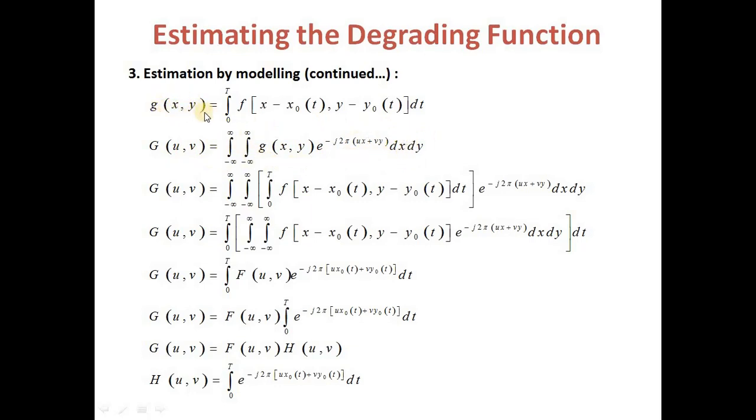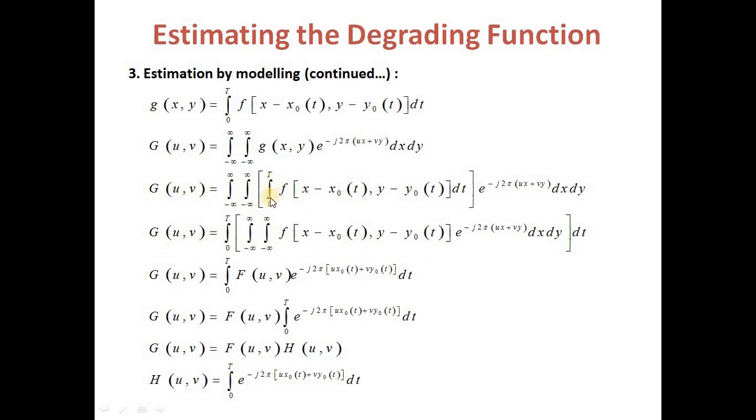Now we are replacing g of x comma y in this expression with the right hand side expansion. This is the expression of G of u comma v in terms of f. Now in this expression we are reversing the order of integration.